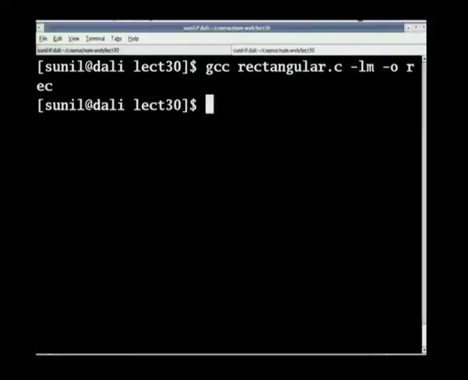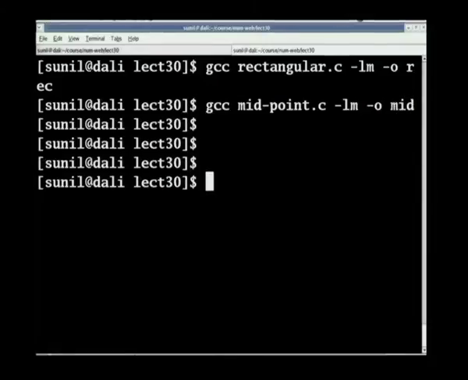So when you run RAC, then I am running the rectangular method. Similarly I will do the midpoint method, compile that and keep it as MID. So if I run ./RAC, that means I am running the rectangular method, and if I run ./MID, then I am running the midpoint method.